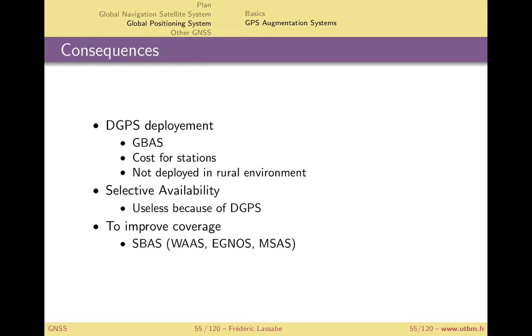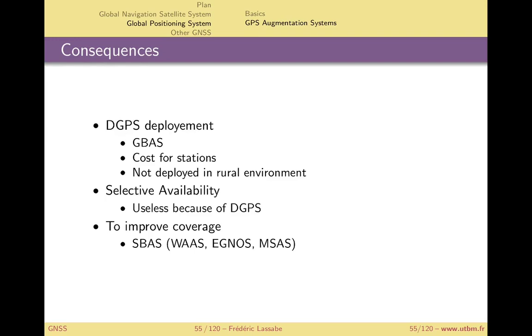So the consequences of the deployment of the DGPS, which is a ground-based augmentation system, GBAS, was to improve the GPS at the cost of the stations' deployment and operations and maintenance. Therefore, it was not deployed in rural environments because there are not enough people to justify spending money on DGPS stations.